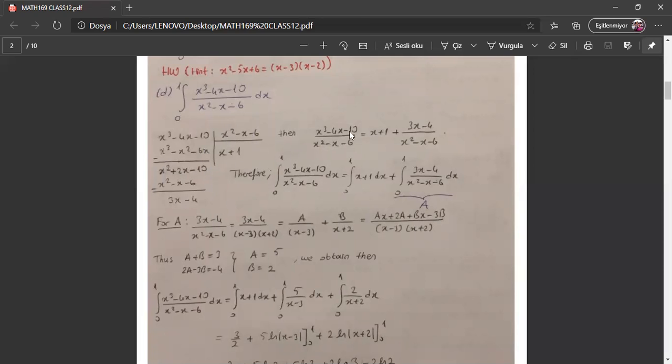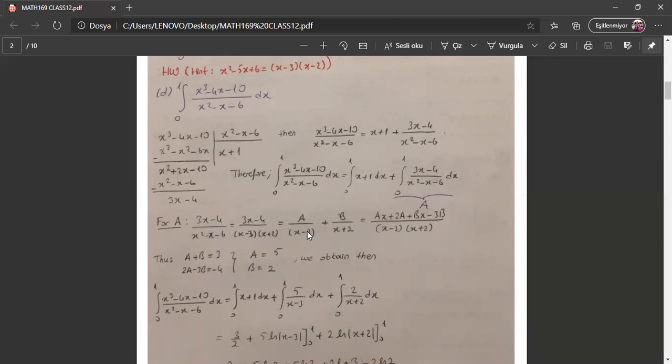So the idea is this. Now we have this. Then the given integrand turns out to be this integral. We will again find a partial fraction decomposition for that. So we rewrite this one in this form. We have x minus 3 times x plus 3.